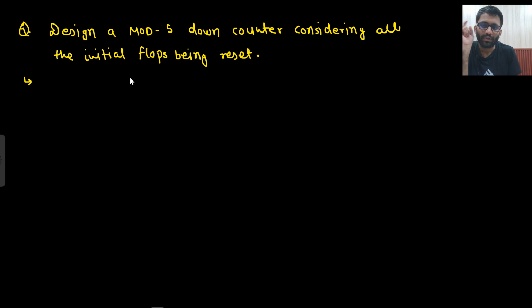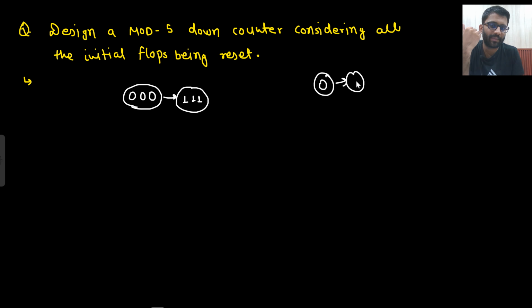You need to design a mode 5 down counter considering all flops are initially reset. Reset means this is the initial condition, 0 0 0. From 0, if I go to 1, that means it is counting up. I need to count down, that means I need to go to 7, right?